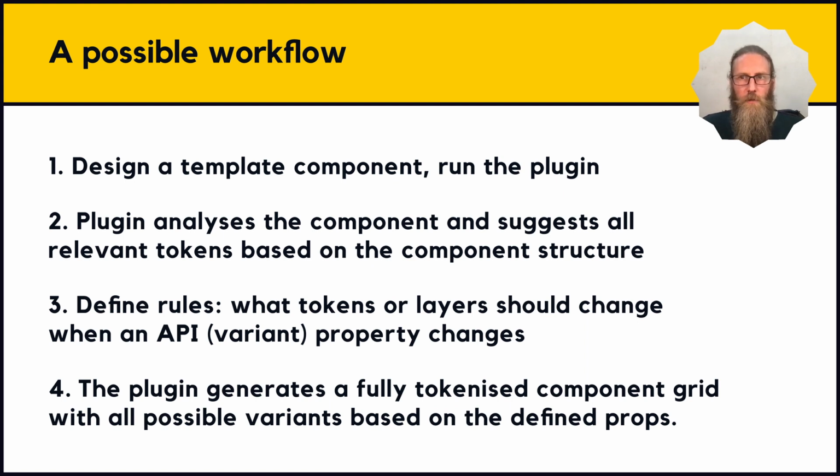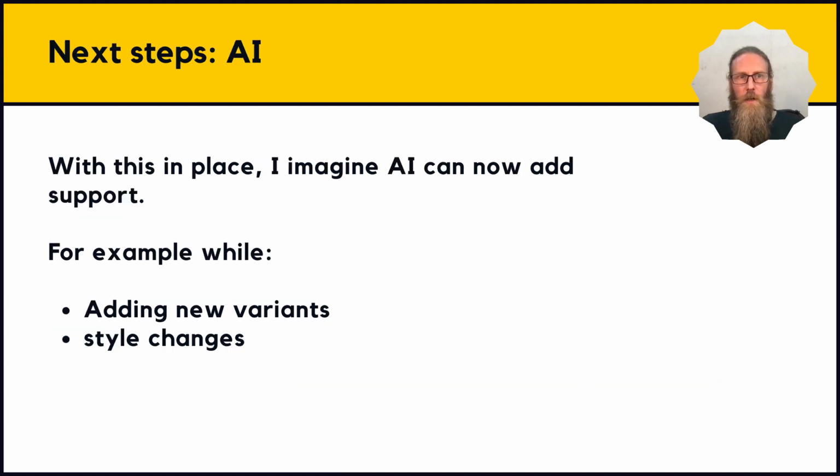And this is still, of course, a piece of automation, but what I would like to think about is, once we have this in place, how can AI help us to really speed up work? And that's where I'm thinking back to the Github CoPilot example. For example, when we add a new variant, we now have already a grid that is set up with many definitions of styles applied, how the component looks and all the different variations.